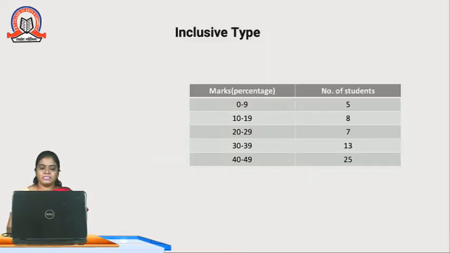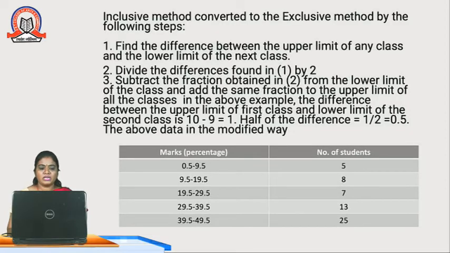Inclusive type means the upper limit of the first interval and the lower limit of the second interval are not equal. So we can convert this to the exclusive class interval. How to convert this? The first step is to subtract the upper limit of the first interval from the lower limit of the second interval.